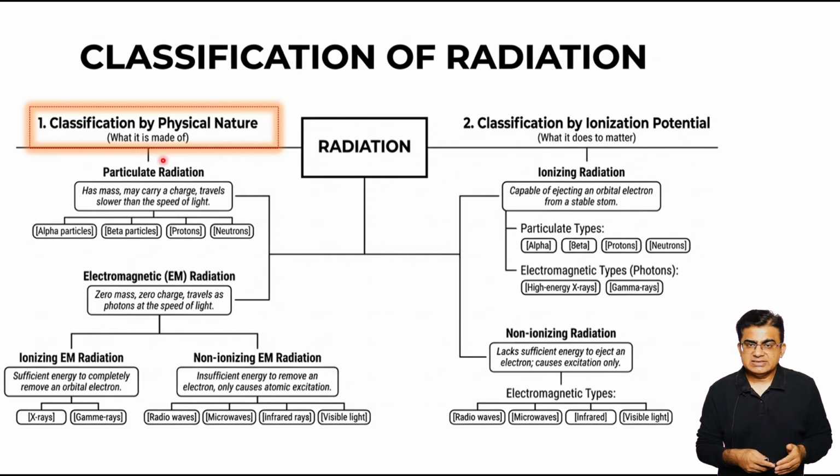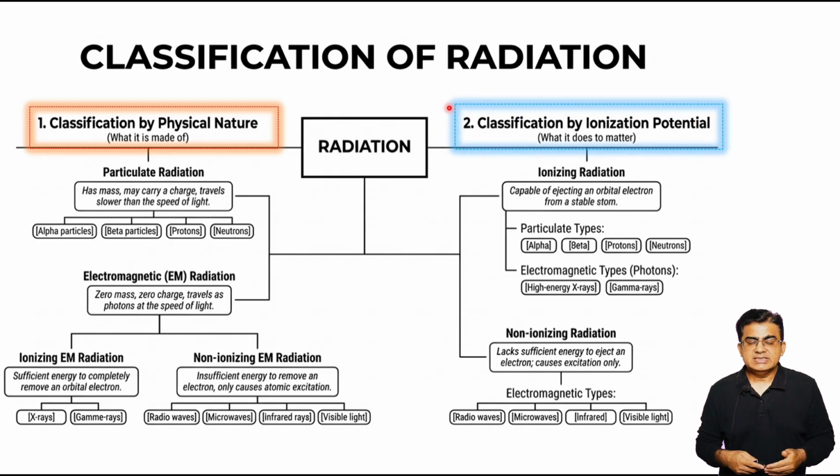The second way of classifying radiation is based on its ionizing potential. That means what radiation does to the matter. Okay? So this is the broad way to classify radiation. Let us look at further subclassification of radiation based on its physical nature.